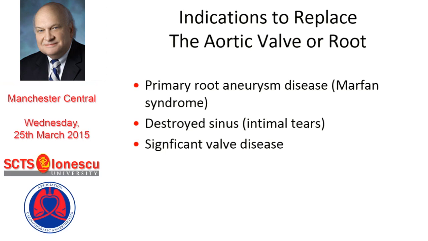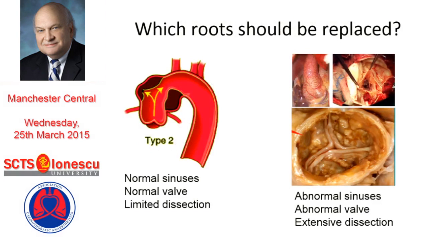It's also obvious when dissection actually involves the sinus intima and there are tears within the sinuses that replacement of the root is mandatory, particularly when all three sinuses are involved or if there's a coronary malperfusion. And then finally, hemodynamically significant valve disease would lead one to replace the root.